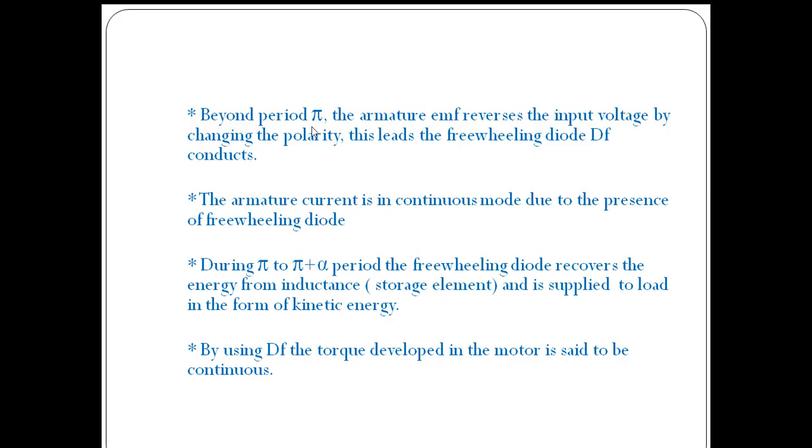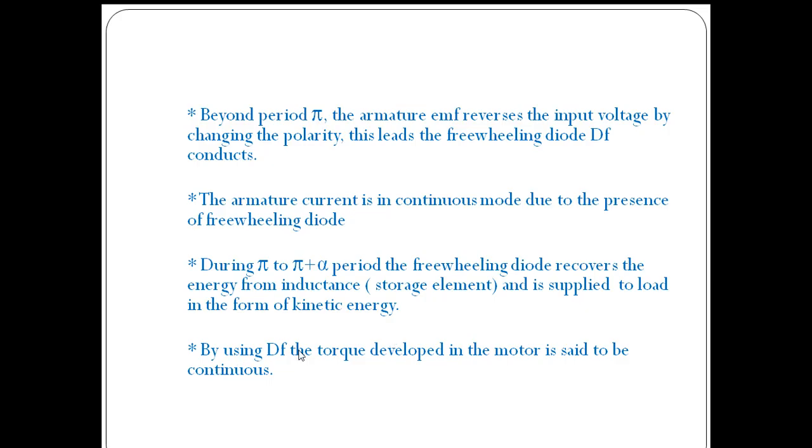Beyond period pi, the armature EMF reverses the input voltage by changing the polarity, which leads the freewheeling diode to conduct. The armature current is in continuous mode due to the presence of the freewheeling diode during the pi to pi plus alpha period. The freewheeling diode recovers the energy from the inductance in the motor armature and it is applied to the load in the form of kinetic energy.